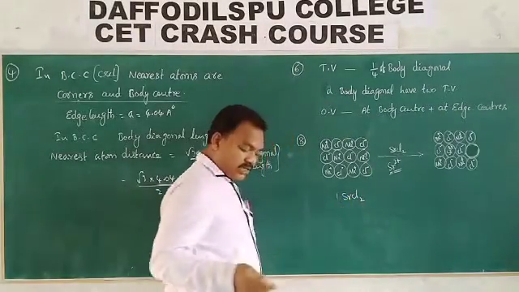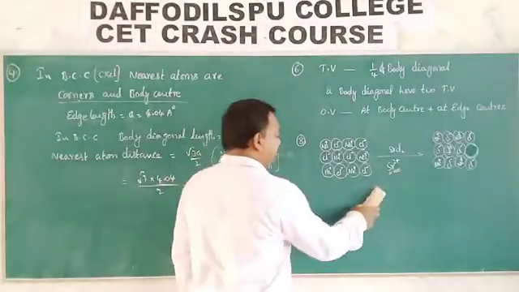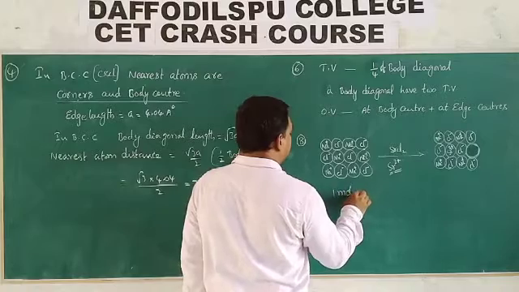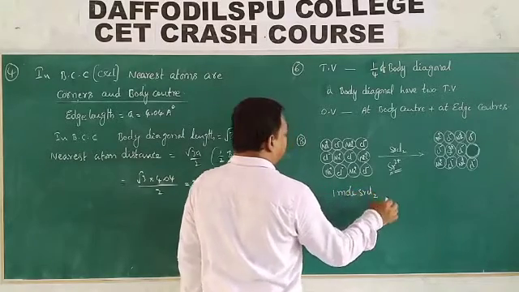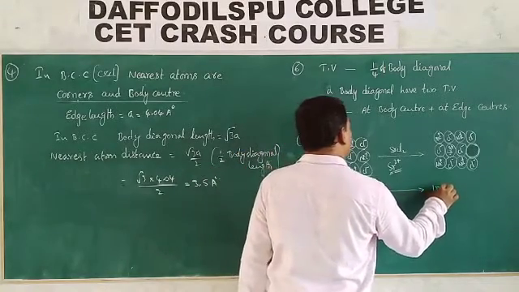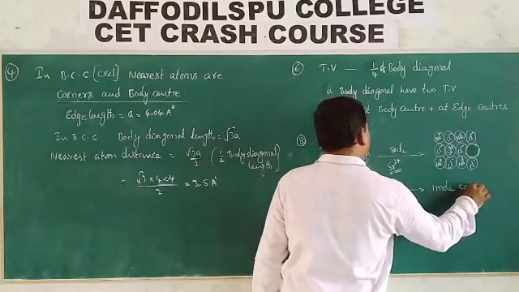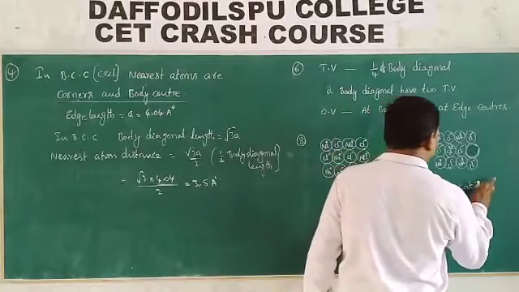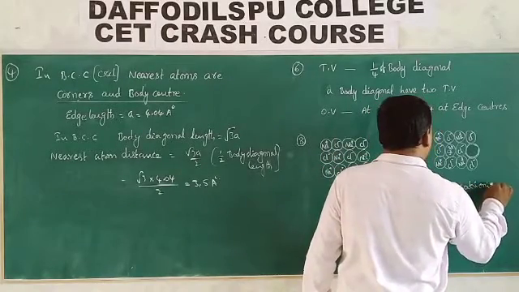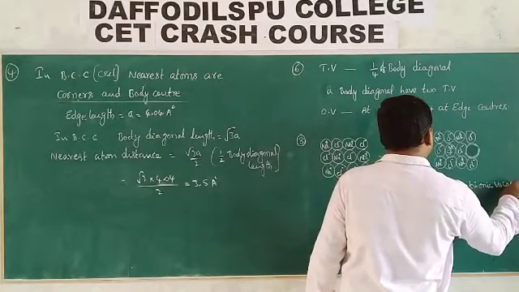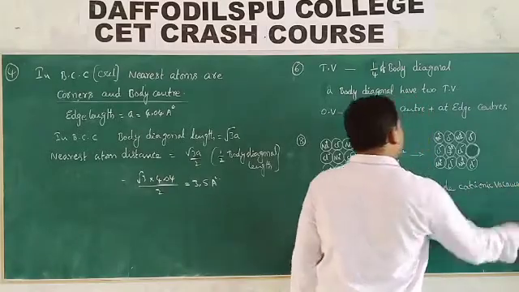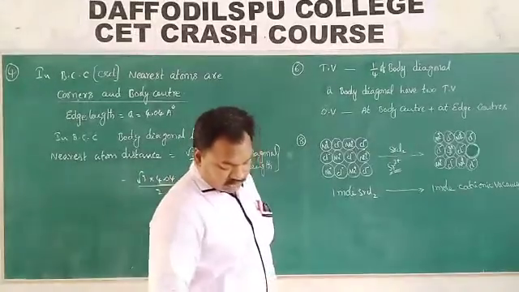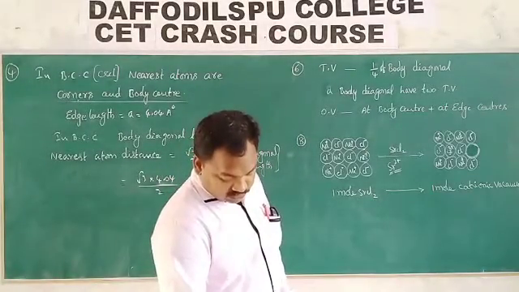Suppose I take one more SrCl2, it will provide one more cationic vacancy. Here in the problem, how much SrCl2 is given?